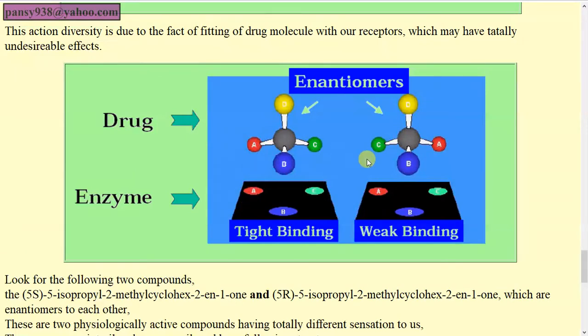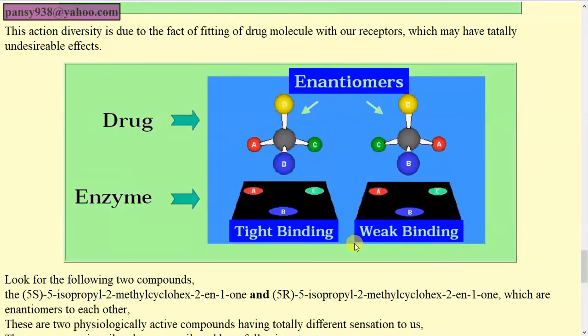While in this case, when you rotate the molecule and their stereochemistry is different, blue will adjust at the same position, but at this side there is a red when you turn the molecule from this side to the other side, and it brings the red to this side and the green to the other side, so they are not adjustable at the site, so binding will be weakened and action of the molecule at its active site will be non-feasible.